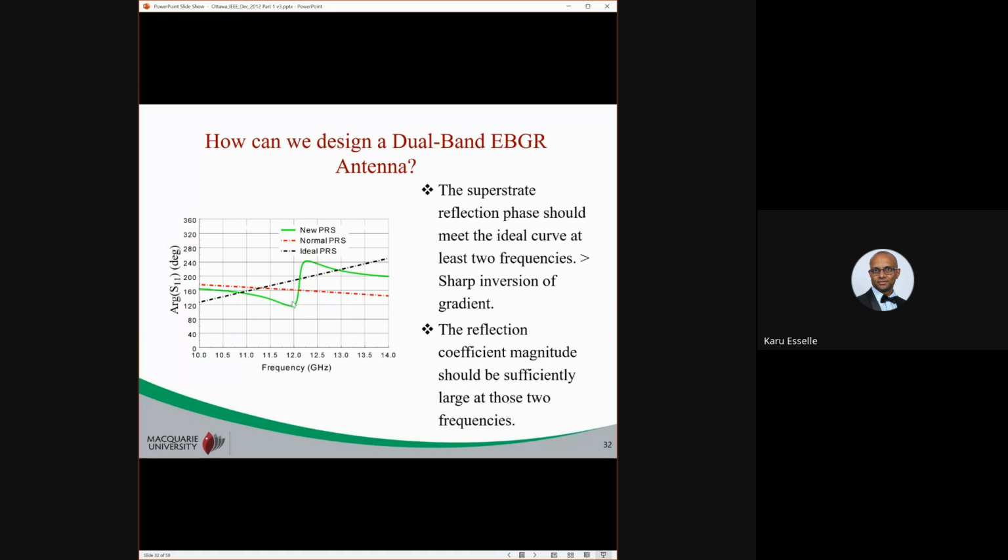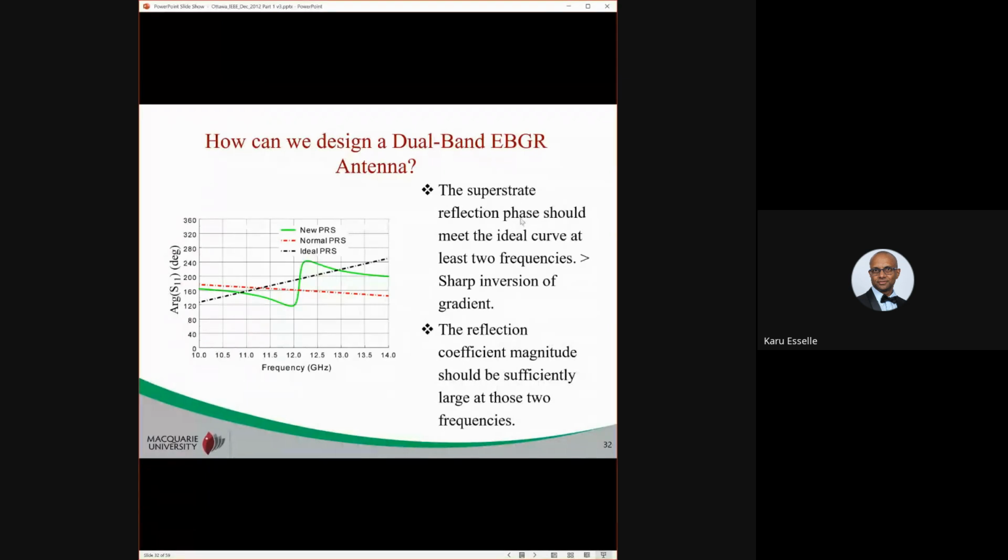So if you can synthesize a partially reflecting surface that has its reflection phase, this is the phase value of S11, that's the same as gamma I showed you before, it will radiate at this frequency, it will radiate also at this frequency.